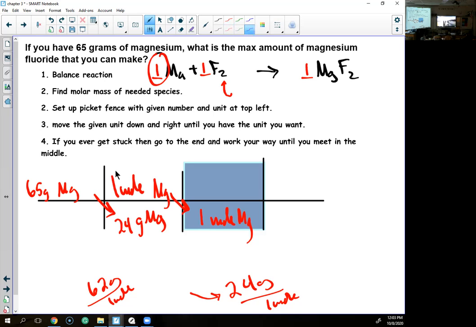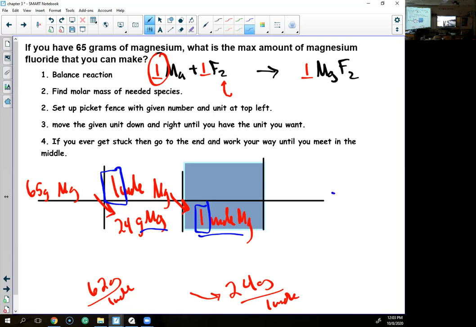Tell your partner, is this 1 and this 1 related in any way? No, it's not. This 1 comes from the balanced equation. This 1 comes because when we find the mass of something, it's always per 1 mole. Okay, they're the same value, but they're there for different reasons.